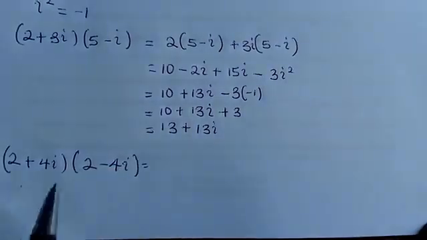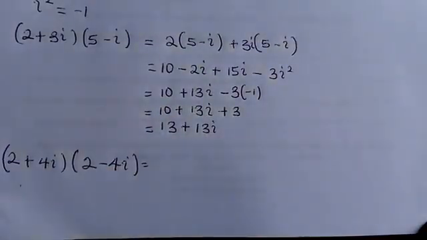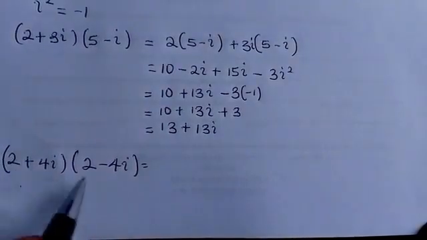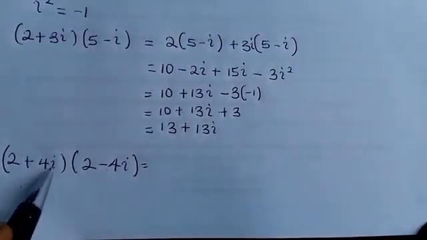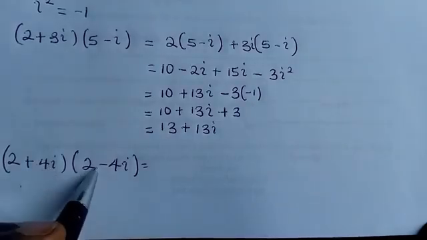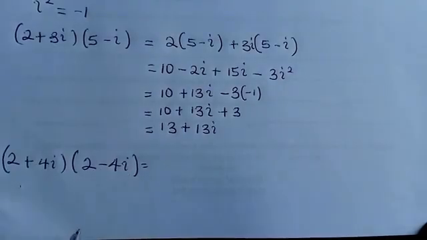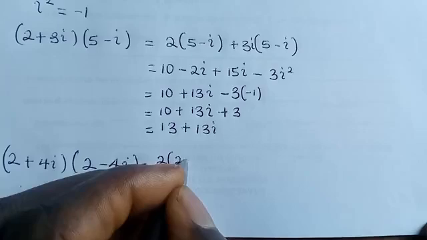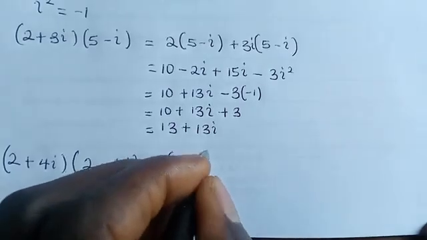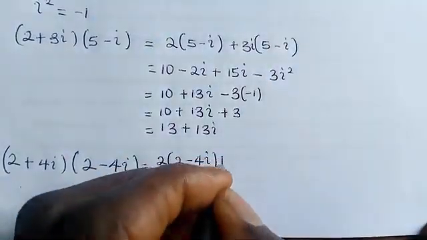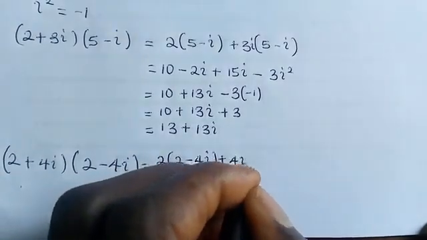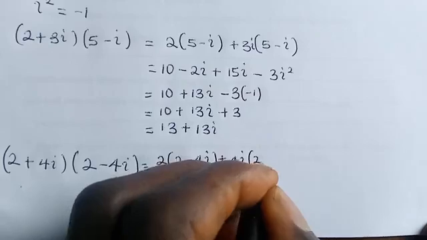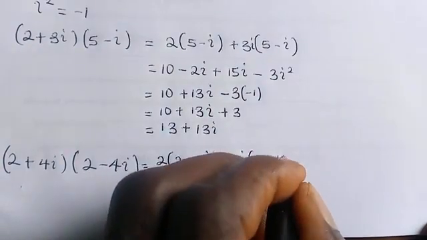The same way we attempted the example above, we are going to have plus 2 multiplying everything here, then plus 4i multiplying everything inside this bracket. So we are going to have 2 into 2 minus 4i plus 4i into 2 minus 4i.